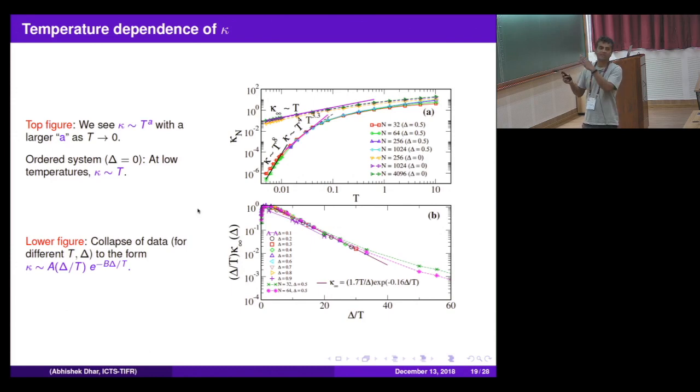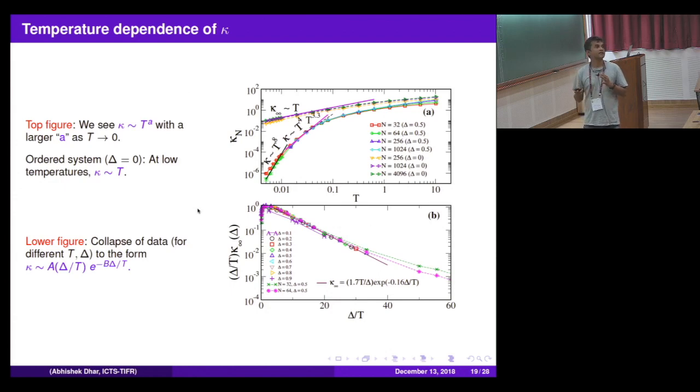Here you have to keep changing the power, but now can you try to fit the whole thing to one form? Here I show data over a large range of parameters with different T and delta.